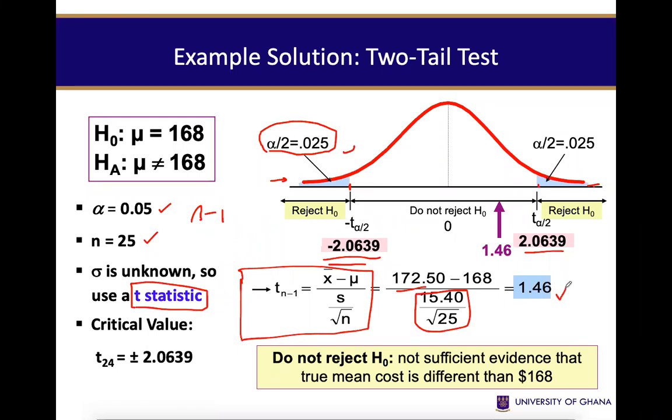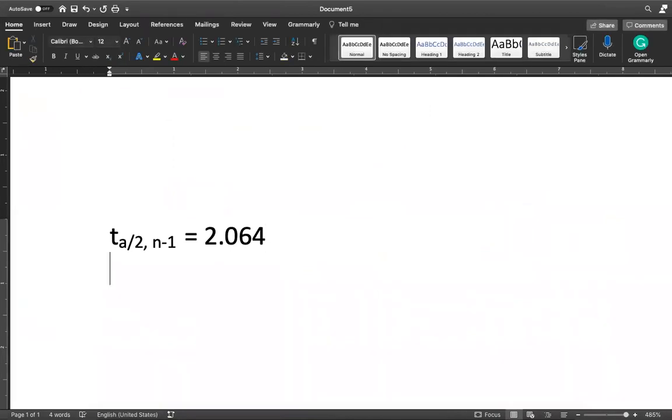Remember that the decision rule that we have is that we are going to reject the null hypothesis when the test statistic that we calculate falls within the critical region. So for this question, I would have indicated my decision rule to be this.